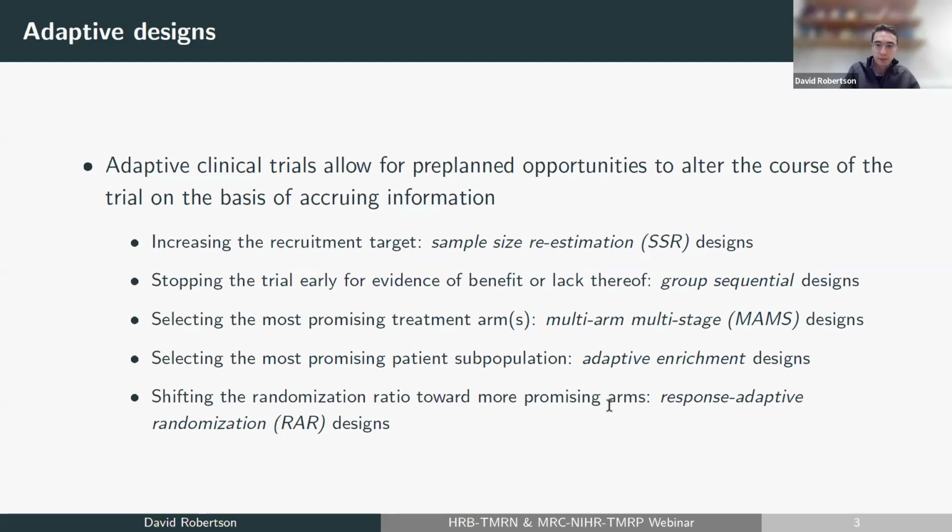So that's known as response adaptive randomization or RAR designs. So yeah, several different types of adaptations, and of course you could also think about combining some of these adaptations together if needed.